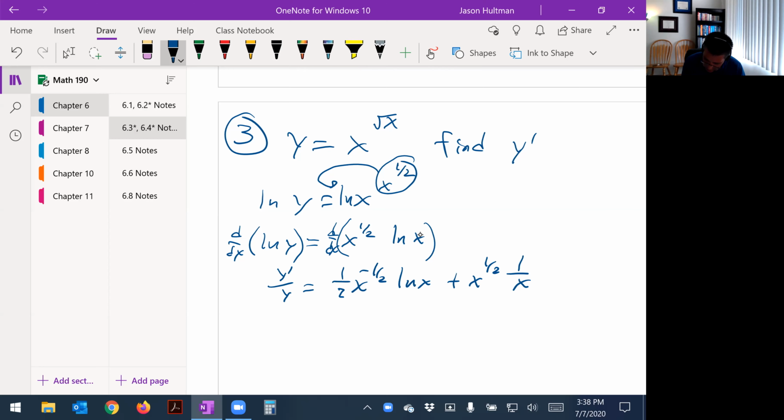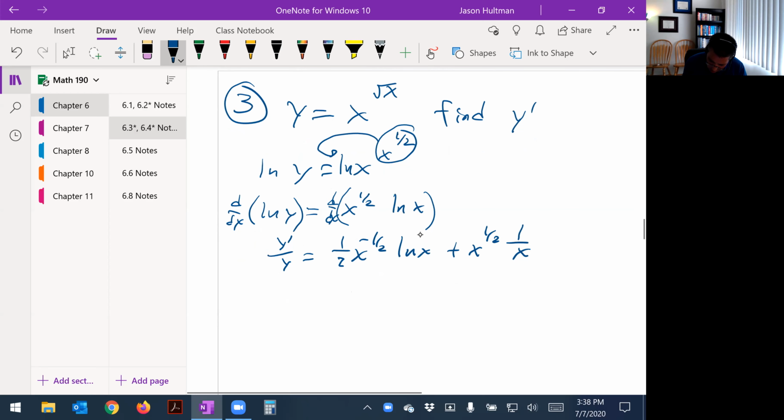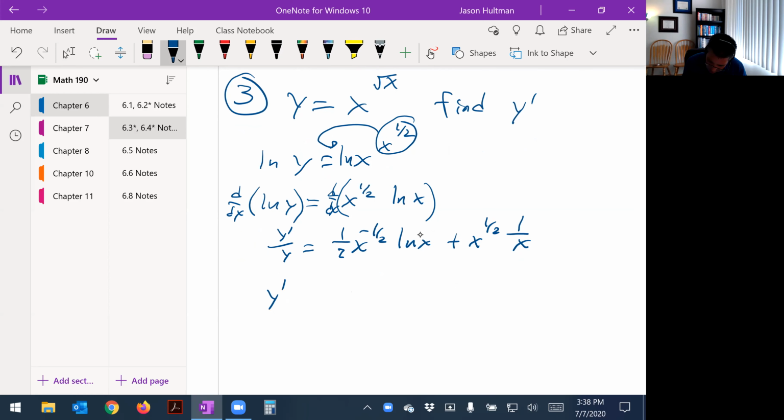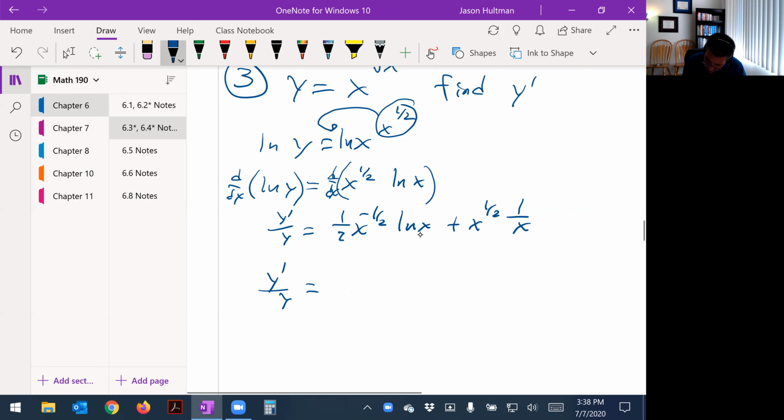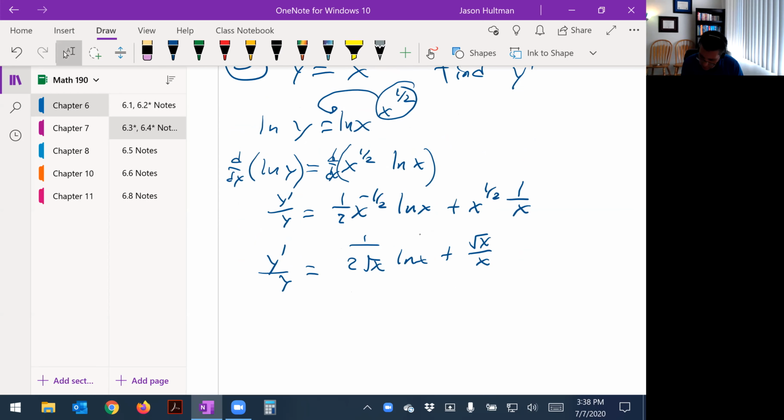Okay, let's clean this up a little bit. So we've got y prime over y is equal to, I'm going to go 1 over 2 x to the 1/2. That's 2 radical x, I believe. Natural log of x. Plus, this is going to be radical x over x. But radical x over x, isn't that just 1 over radical x?